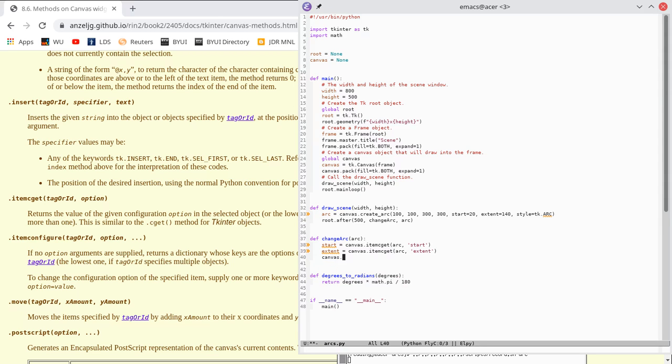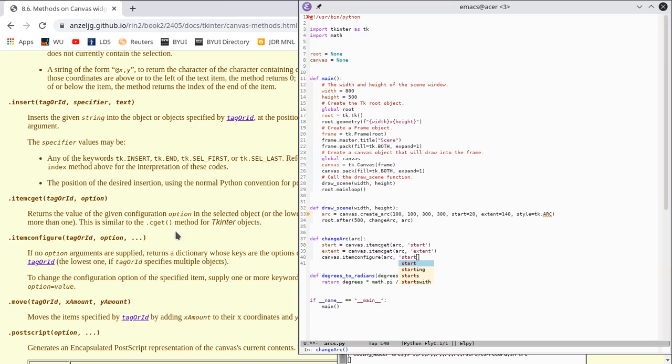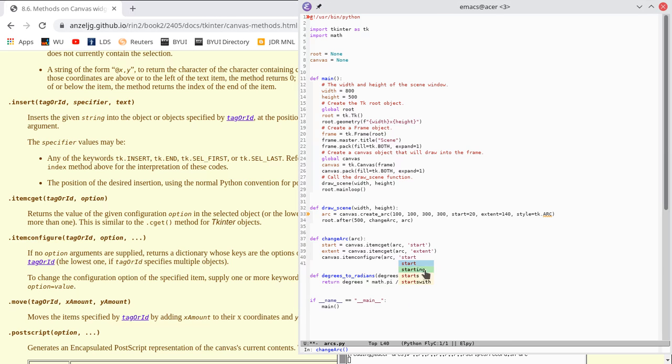Canvas dot item configure arc, start, option equals value, so it's not a string this time, I think, equals start plus 10, extent equals extent plus 20.